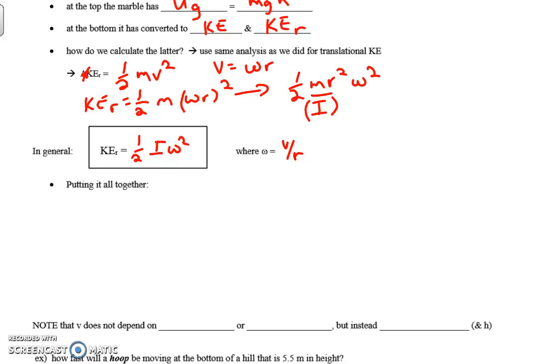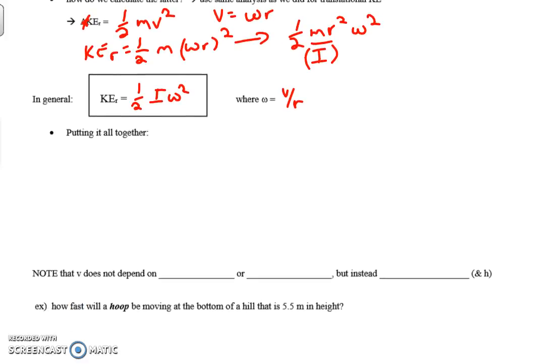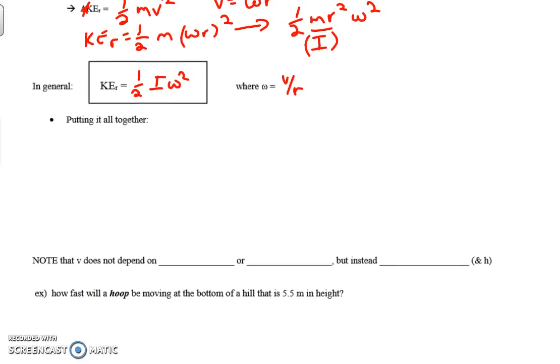So we have a kinetic energy that looks very similar to 1/2 mv squared. I is the angular component of m, and omega is the angular component of v. That shouldn't be too hard to remember. Now let's put it all together for our problem. At the top of the hill, we have gravitational potential, which is mgh. At the bottom, we have linear kinetic and some rotational kinetic.